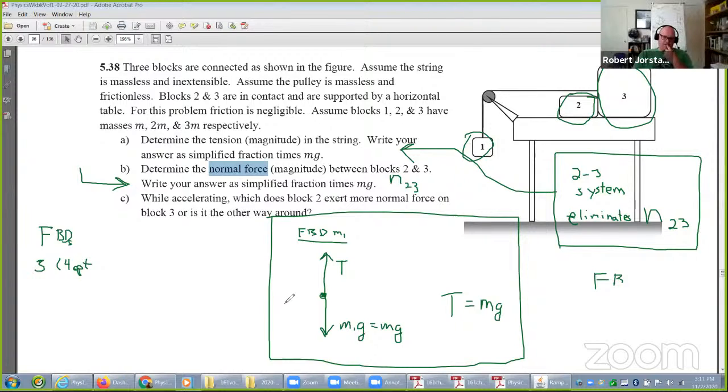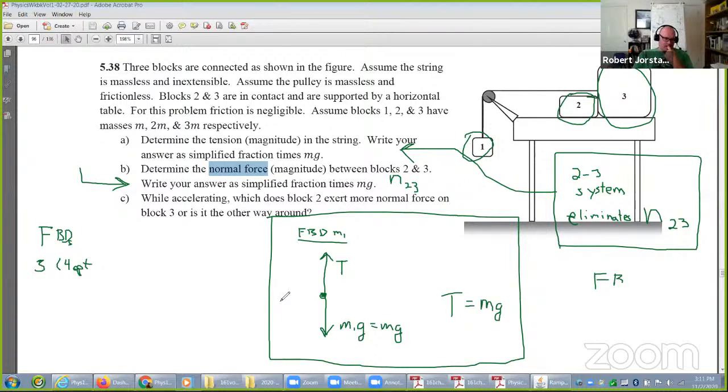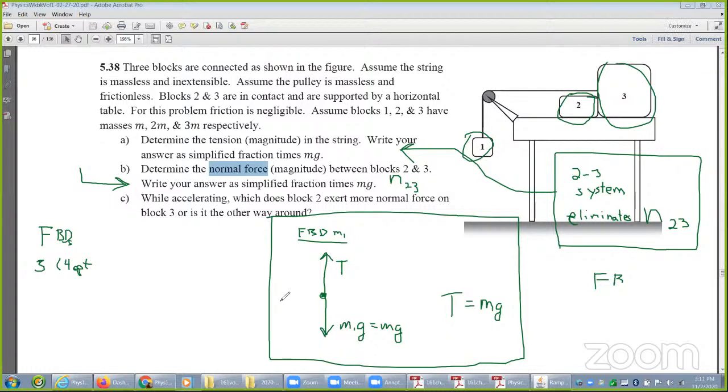Yep, I'm just listening. Is it because of the coordinate system? What about it? I'm trying to think. Because I was originally trying to figure out which way I was going to put the coordinate system.